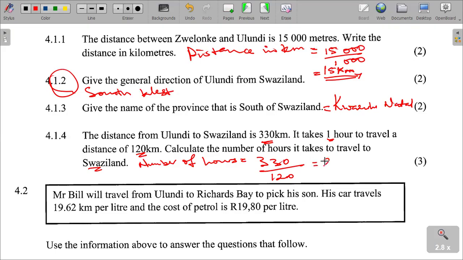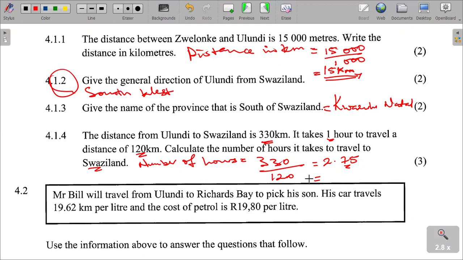Which is equals to 2.75. We just change it to travel time from the number of hours. So 75 is more than an hour, hence we subtract 60 minutes. 75 minus 60 is 15.